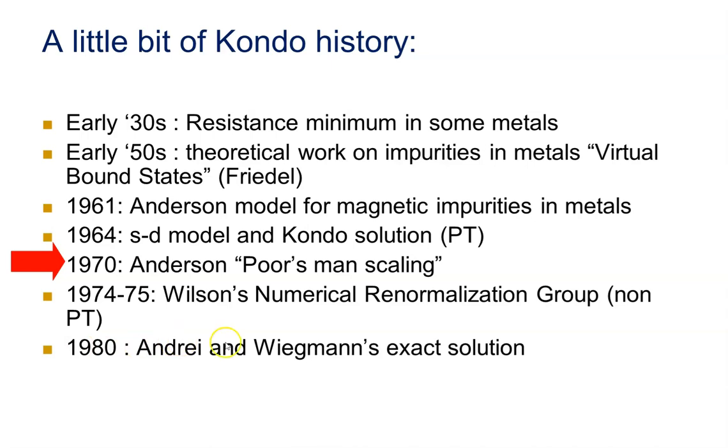And in the 1980s, there was actually an exact solution of the Kondo problem and the Kondo Hamiltonian in terms of the Bethe ansatz. So that's the work of Andrei and others, including Professor Kyoko Furuya, who was a professor at Unicamp. He also contributed to those works.